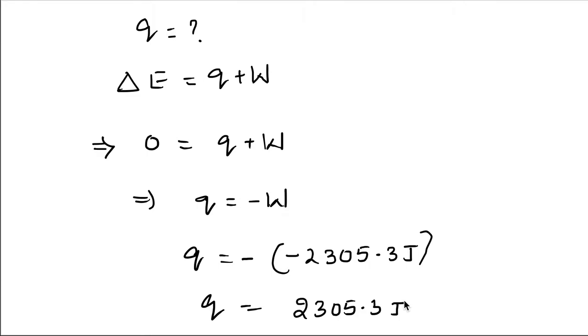Very great thing. But do we really have such systems where they simply take the heat and give us the work in the same quantity? Such kind of systems are ideal systems, and it's very, very difficult to produce or build such systems. So that is the limitation of the first law.